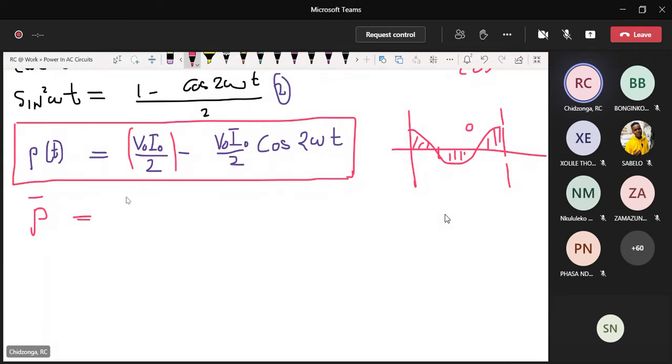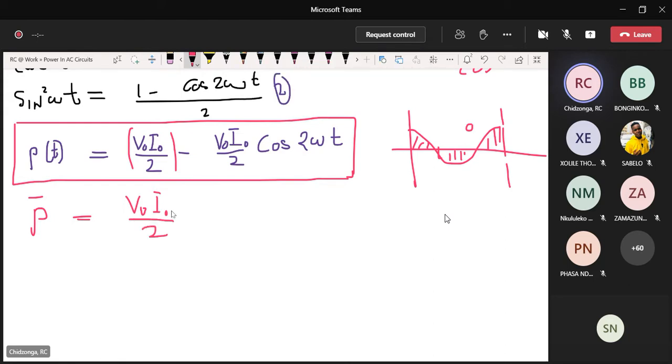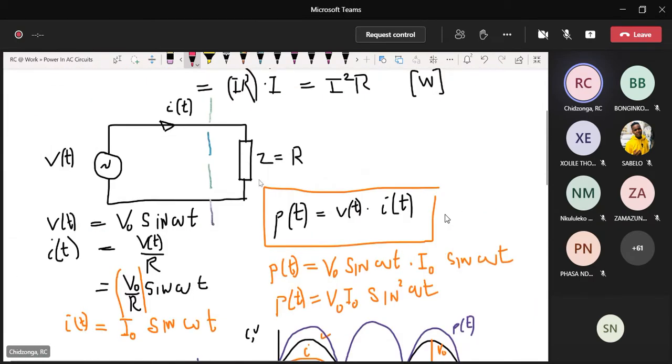So we can actually write this as V peak I peak over 2. That is the average power that comes from the AC source. That is the power that is actually used by this resistor here.